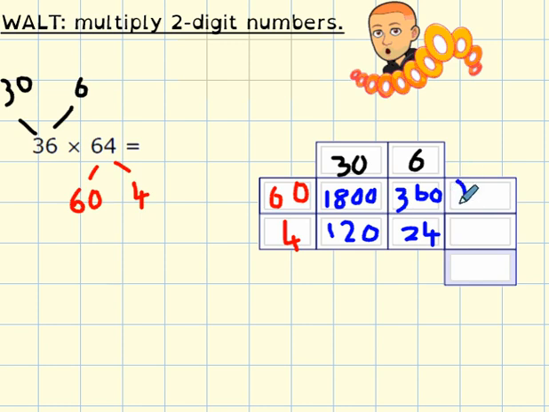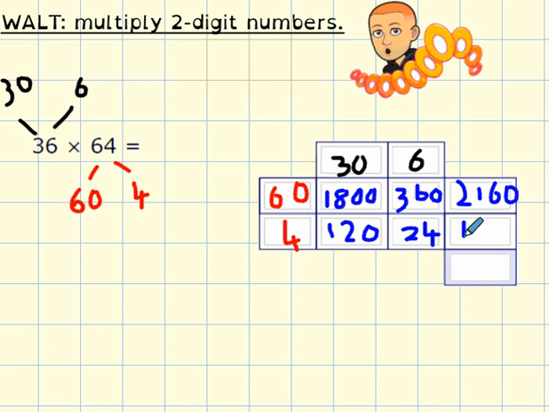If you need to do that using the column method, by all means do that. Have a scrap piece of paper and do it on there. I would advise that if you've got big numbers and you've got hundreds and thousands to cross, which we did in that instance there. Once I found the total for that row, I found the total for this row, so 120 add 24. I don't think I need to write that down. I think we're okay with doing that mentally.